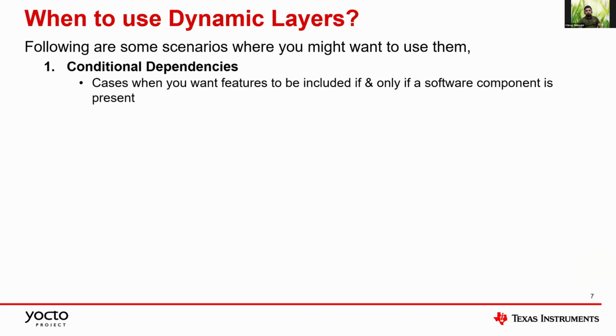For example, say a customer is asking you to provide a Yocto-based file system with the Chromium browser, but that's just one customer, and you can't include that bulky Chromium browser in all the default file systems.